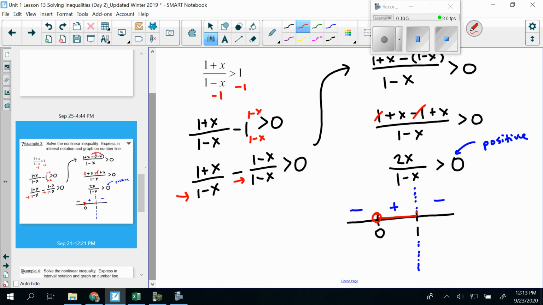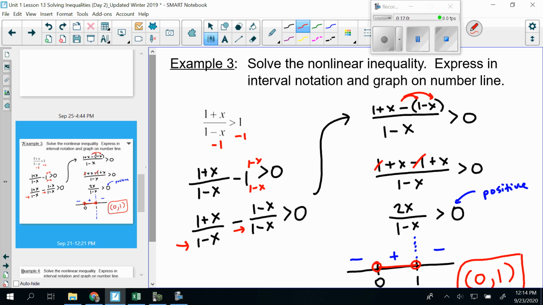And even on the asymptote, had there been one, we won't want to count that because there's no value there. So the numbers that are going to work in this one are any number between 0 and 1 should make this inequality true. So on this one, even if you want to go back, you should be able to test it. If we pick something between 0 and 1, it should make it work. If we pick anything else, it's not going to come out true.